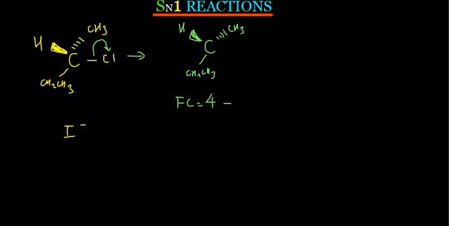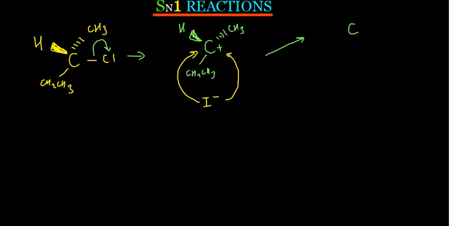It has only 3 bonds, meaning it has 3 electrons in the valence shell. So this will give us positive 1. It has a positive charge in this compound, right? And then we have the chloride. Now this carbocation that has been formed will be attacked by the nucleophile. The nucleophile, which is iodine in this case, can attack from this direction or from this direction.